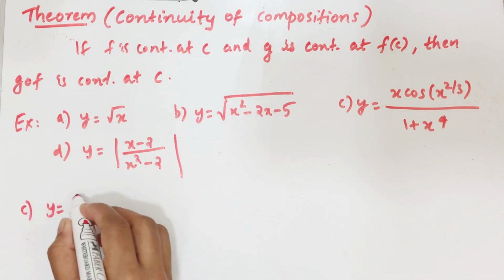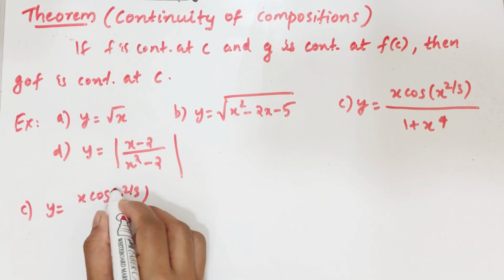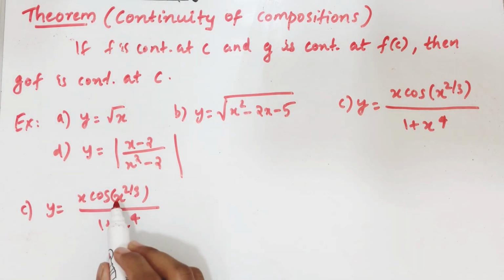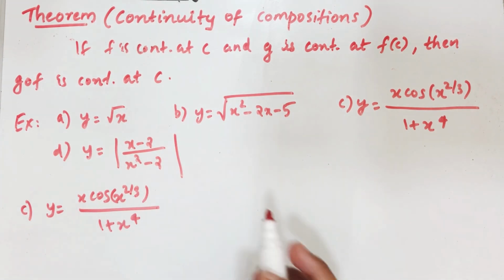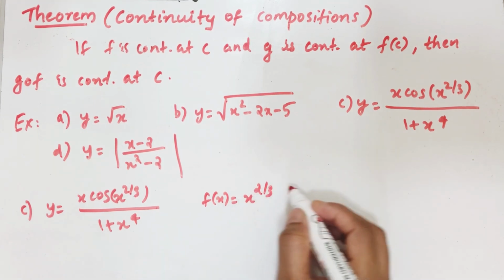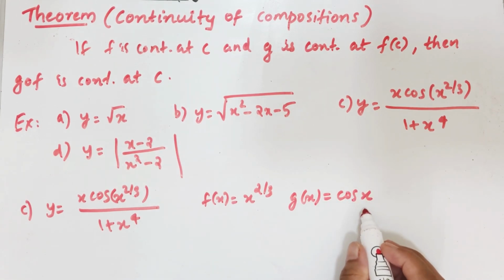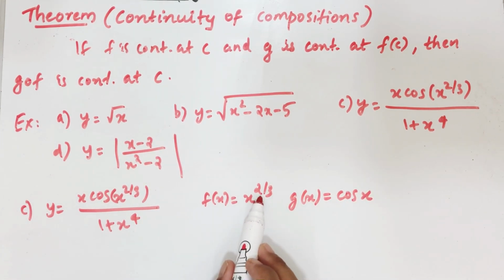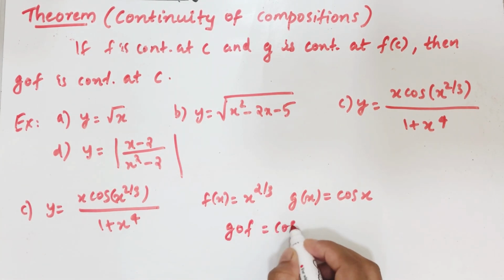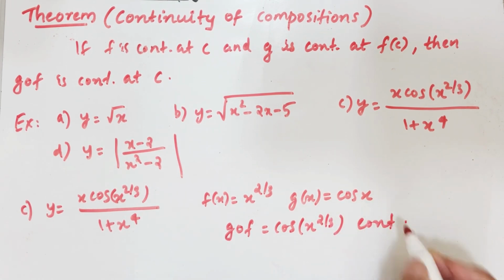See y equal to x into cos x raised to 2 by 3 by 1 plus x raised to 4. Here consider cos x raised to 2 by 3. Take f of x is equal to x raised to 2 by 3 and g of x is equal to cos x. Cos x is continuous. x raised to 2 by 3 is also continuous. Therefore, g composite f, which is cos x raised to 2 by 3, is also continuous.